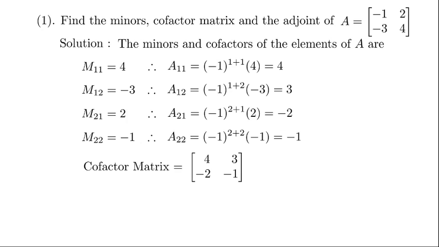So the cofactor matrix is nothing but the matrix obtained by replacing these values by their corresponding cofactors. And the transpose of this matrix is the adjoint of the given matrix. Therefore, this is the adjoint of A. 4, 3 has become the first column, minus 2, minus 1 has become the second column. So this is the transpose of this cofactor matrix, and this is nothing but the adjoint of A.